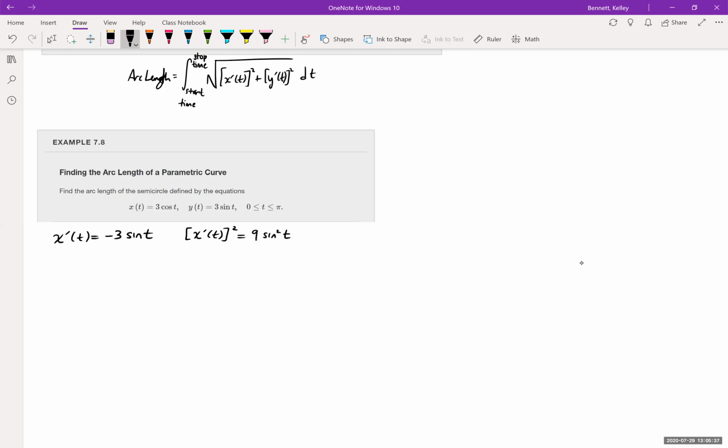I need x prime of t squared and y prime of t squared. So next up is y, and I end up with 9 cosine squared. And now, this is my starting time, this is my stop time.